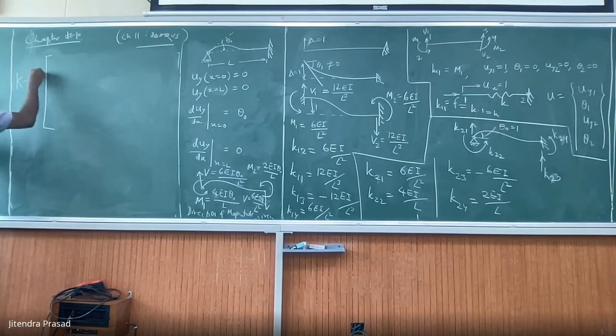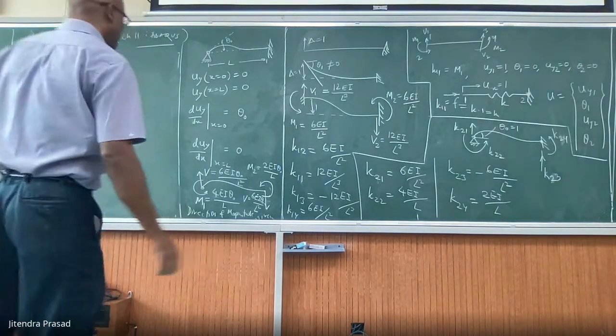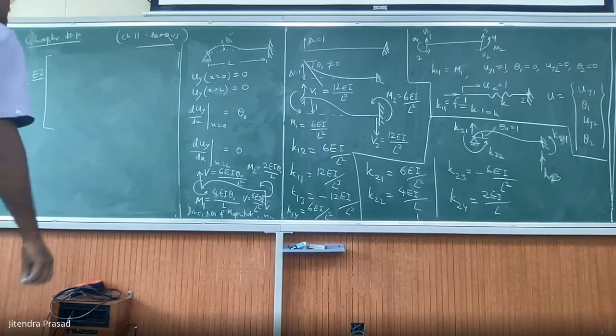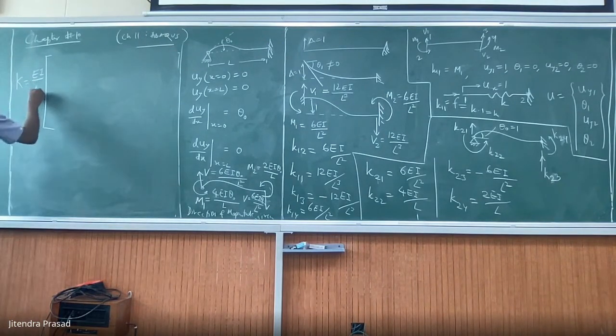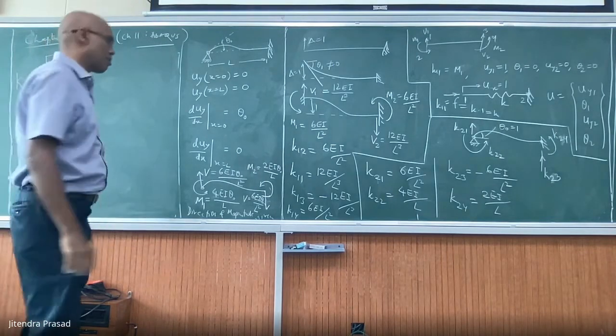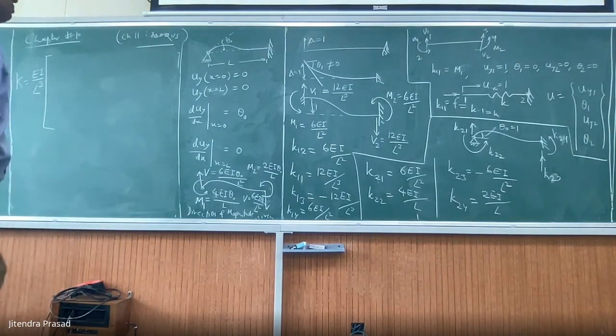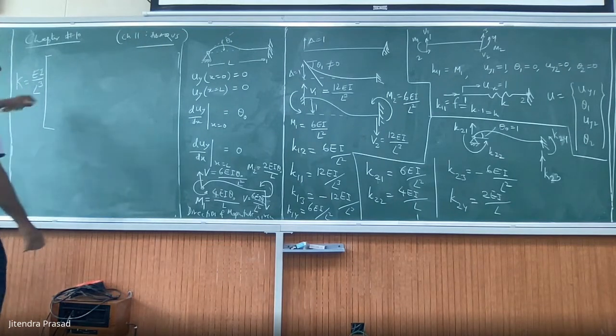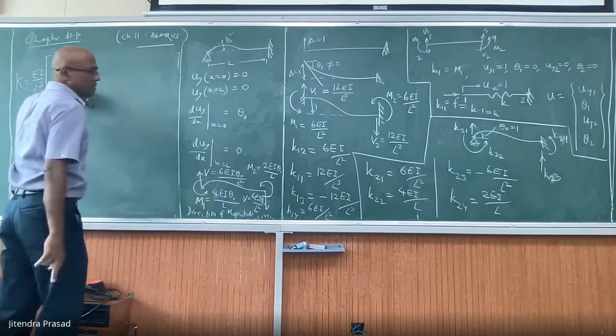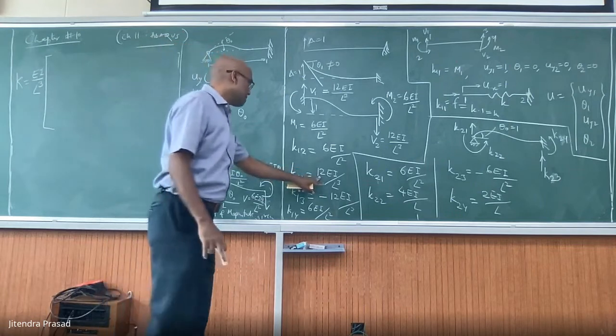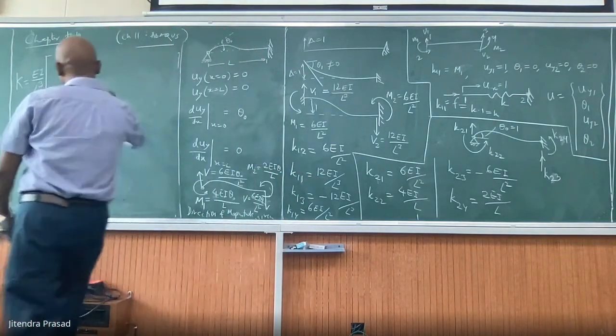So EI over, maximum we have L cube, right? So we have EI over L cube. Yeah, and then we have K11, so we have 12.